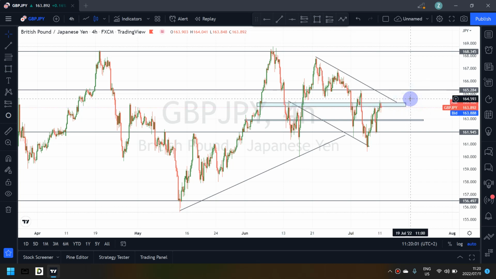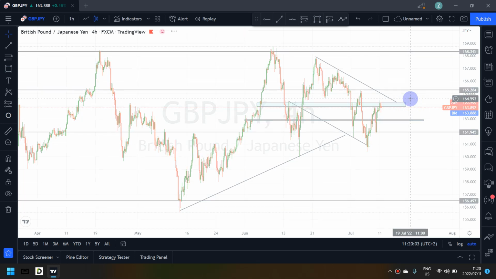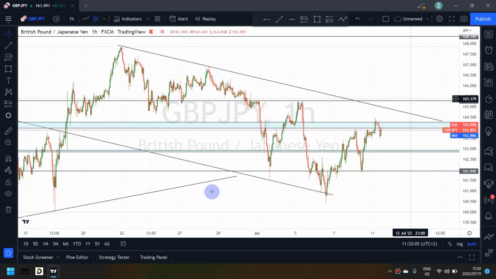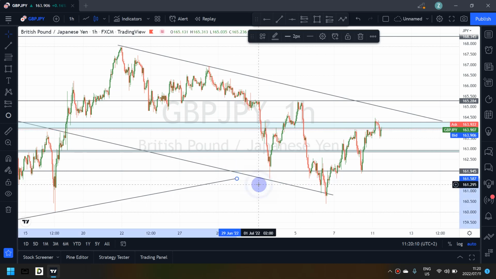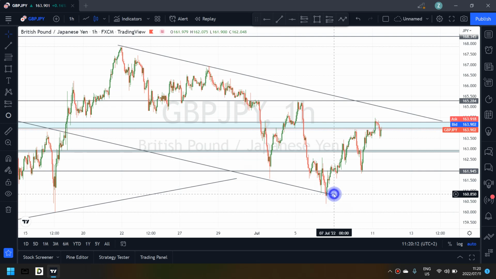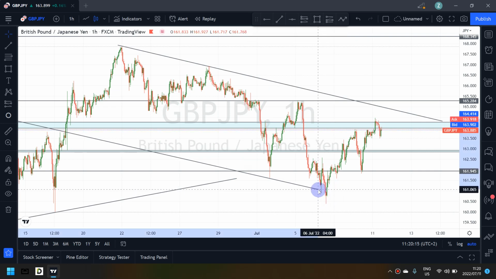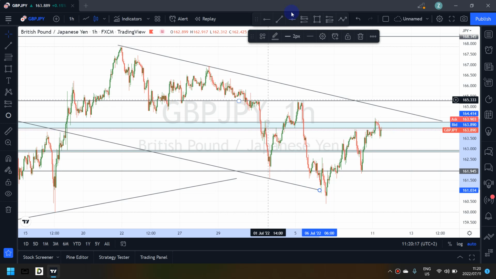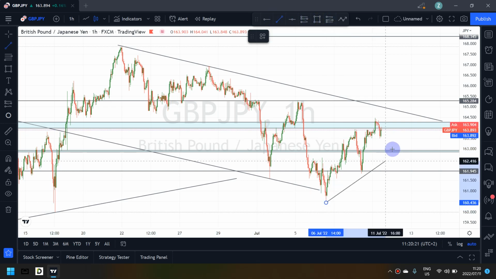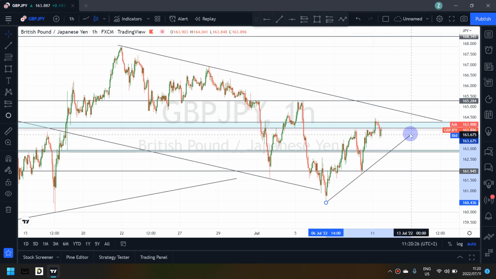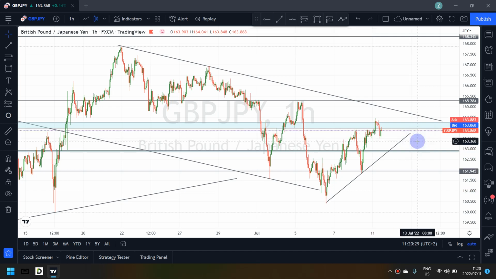Digging deeper to the 60-minute time frame, or the hourly time frame, what I see is that if I move this trend line out of the way, I'm also seeing a bullish trend inside of the bearish trend that is inside of a bullish trend, if you know what I mean.